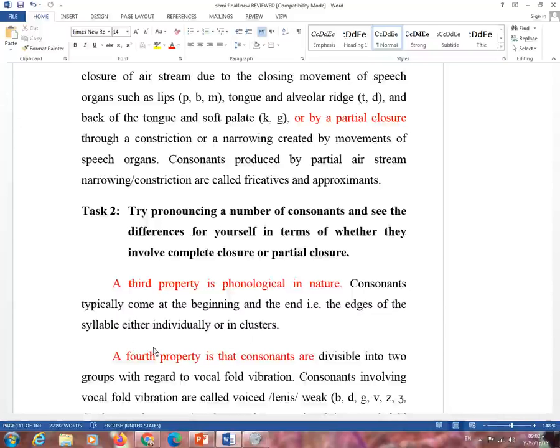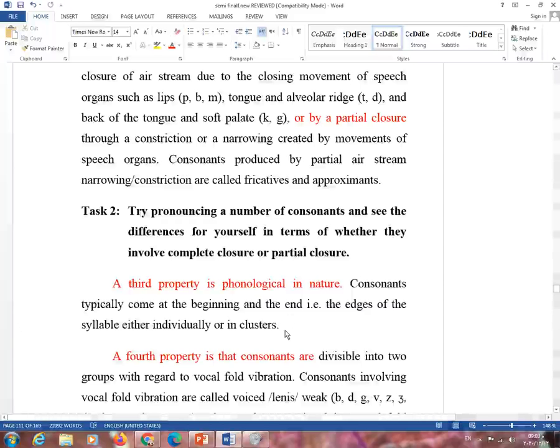The vowel is essential, and at the beginning and at the end of the syllable we can find consonants. So consonants come at the beginning and at the end of syllables, but never in the middle, because the middle of the syllable is always occupied by vowels.